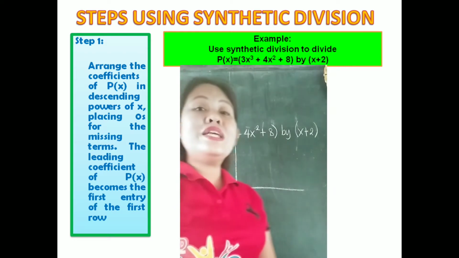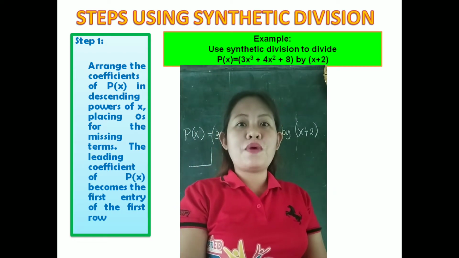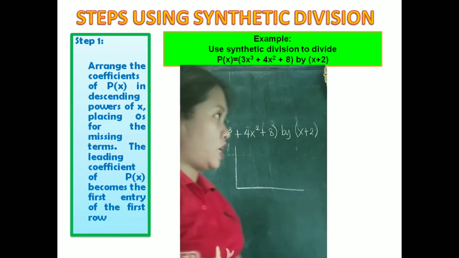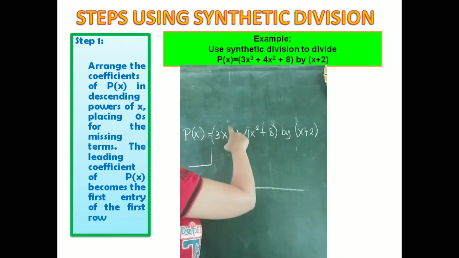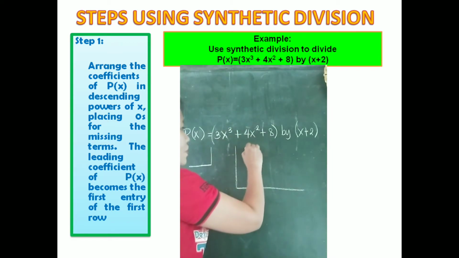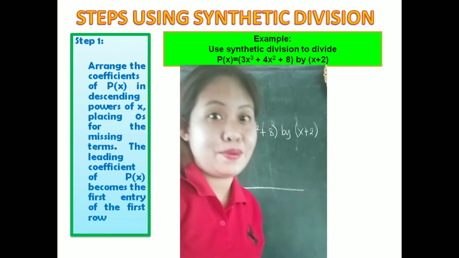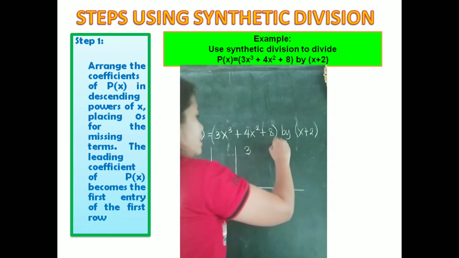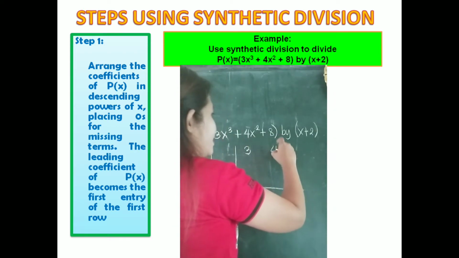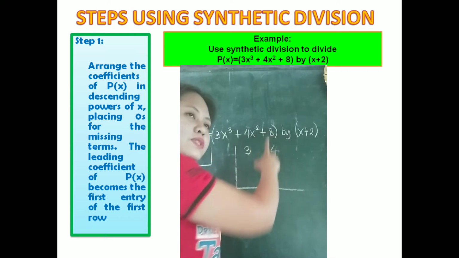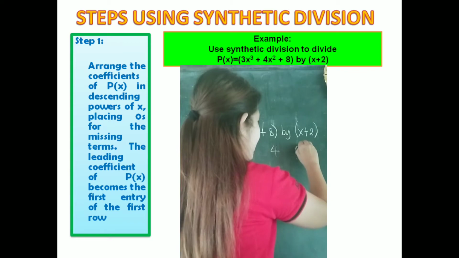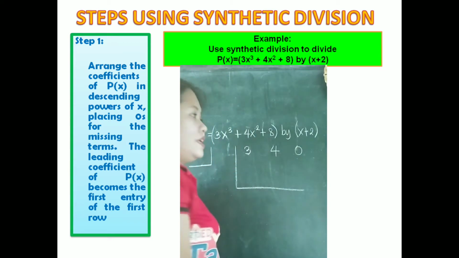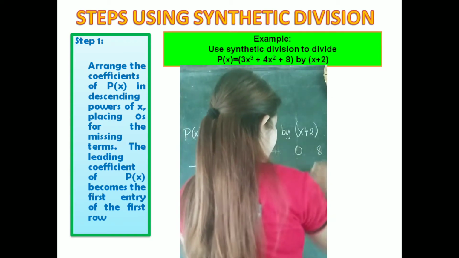So, in doing synthetic division, you write only the coefficients. What is the coefficient of 3x cubed? 3. Only 3. Next, 4. And as I've said, there is no x raised to 1, so replace it with 0, and then your constant 8.